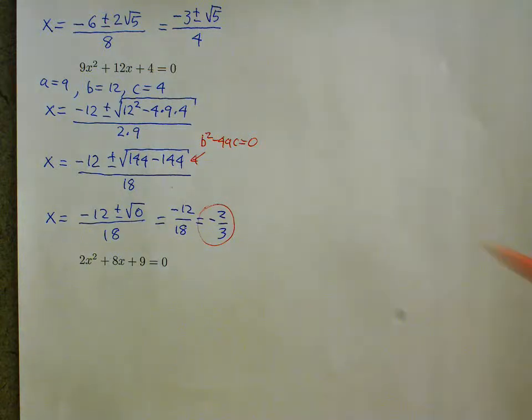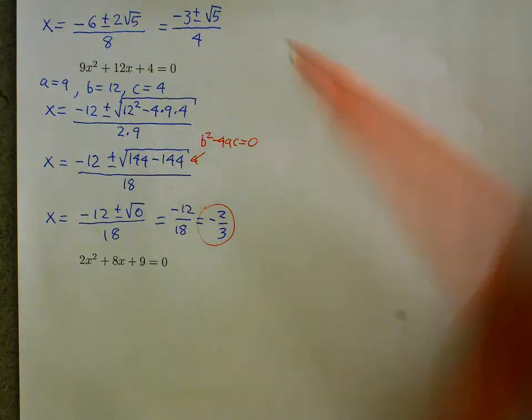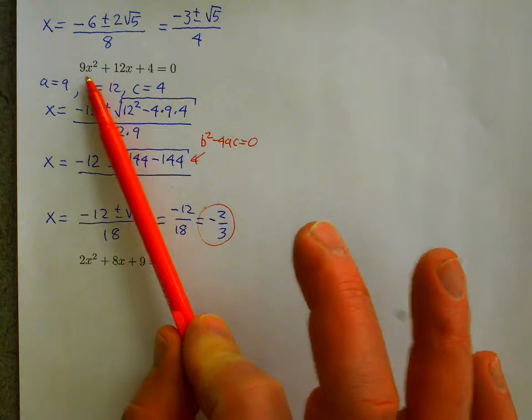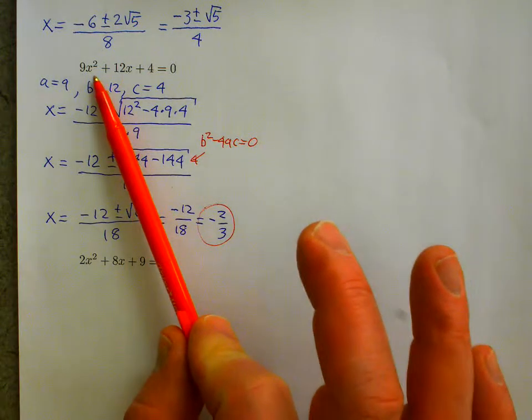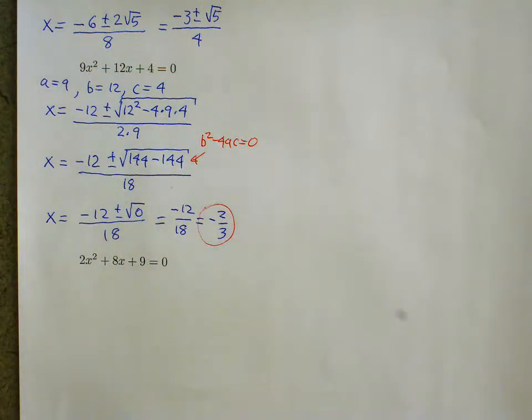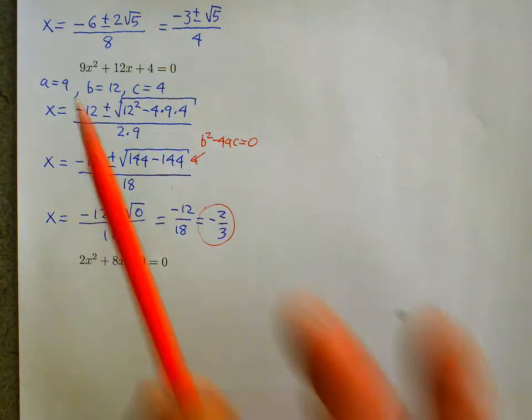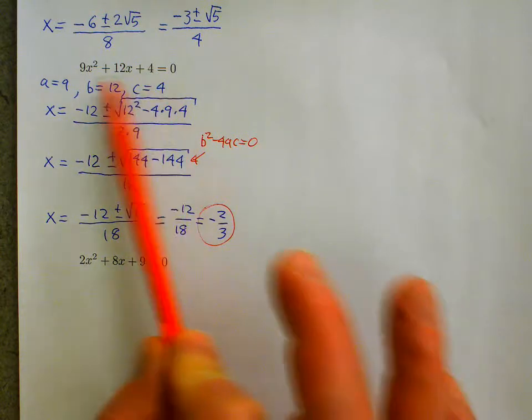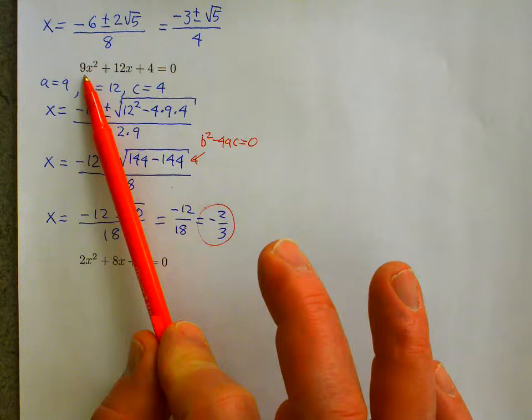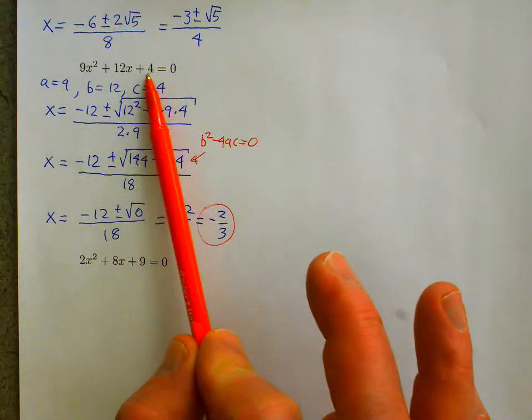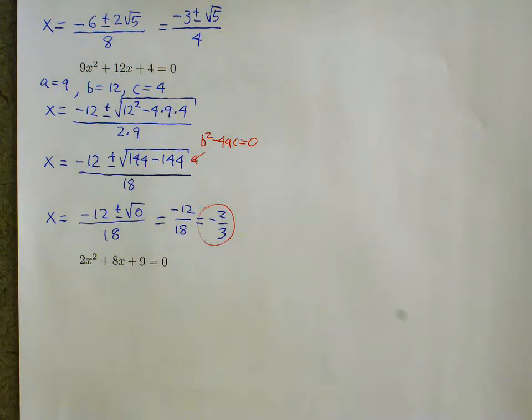Well, that means that the trinomial is either a perfect square trinomial or a constant multiple of a perfect square trinomial. In this case, 9x squared plus 12x plus 4 is a perfect square trinomial. So we could have solved by factoring.